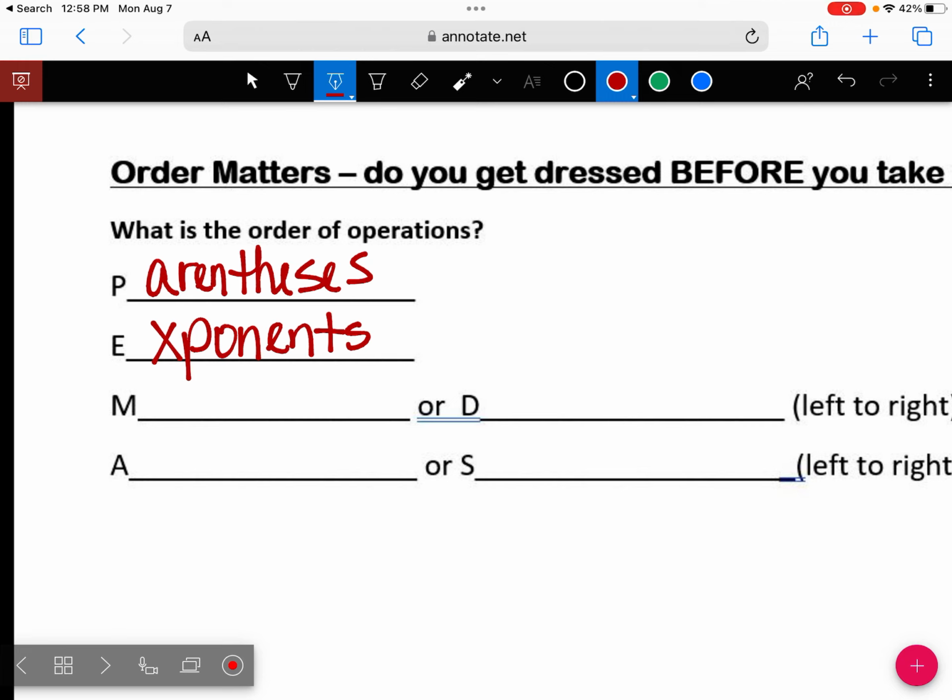And then after exponents, M, multiply or divide. And you go from left to right.